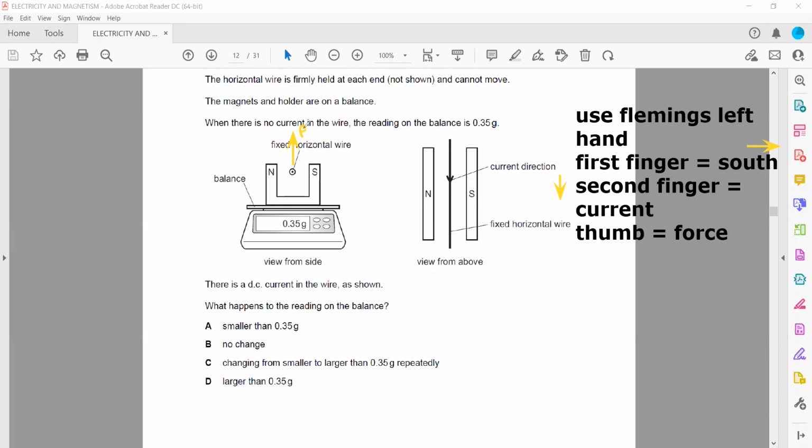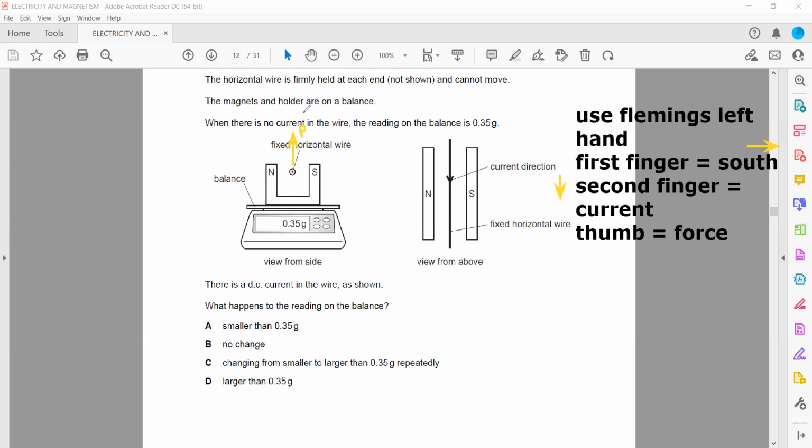When the force is upward, basically what happens is there is a magnetic field of the magnet and a magnetic field of the wire. Because a current carrying conductor also produces a magnetic field, and the two magnetic fields interact with each other.